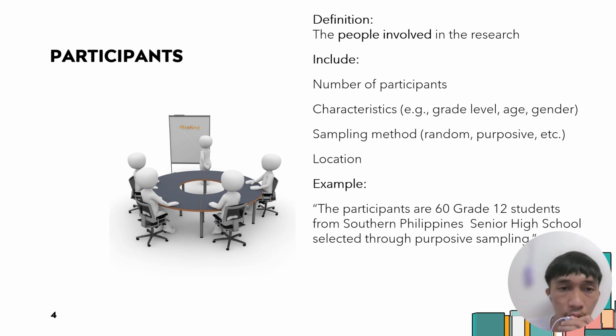We can also use sampling methods, random, purposive, and etc. Location: where do you want to conduct your research? For example, the participants are 60 grade 12 students from Southern Philippine Senior High School. Those students were selected through purposive sampling.